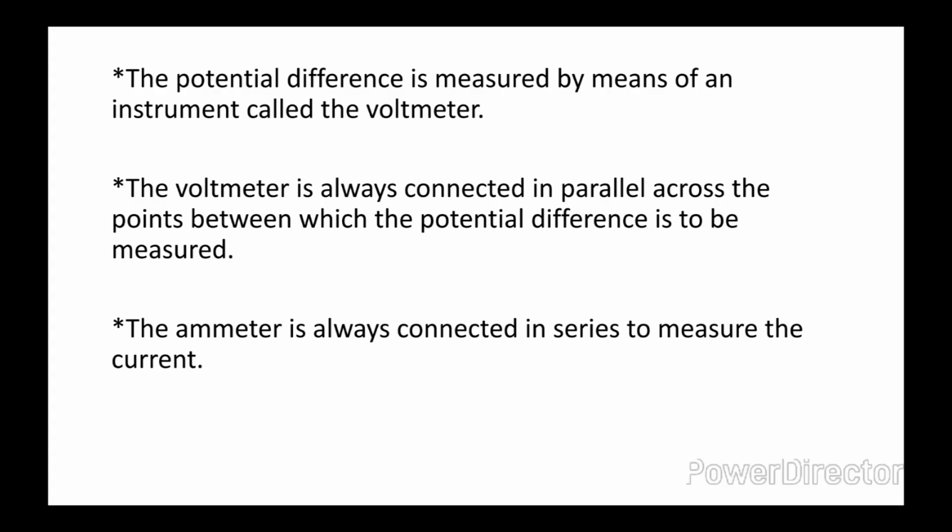So you should not get confused. Voltmeter should be connected in parallel and ammeter should be connected in series in the circuit to measure the current. So by making use of ammeter and voltmeter, we can measure the potential difference and current in the circuit.